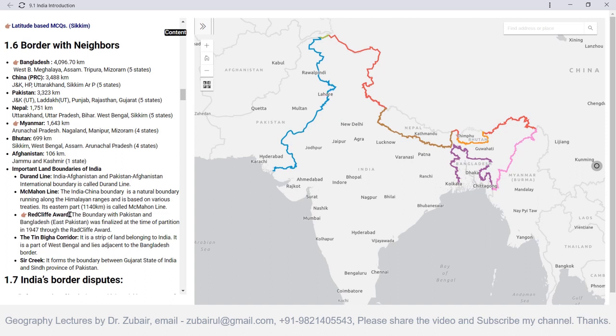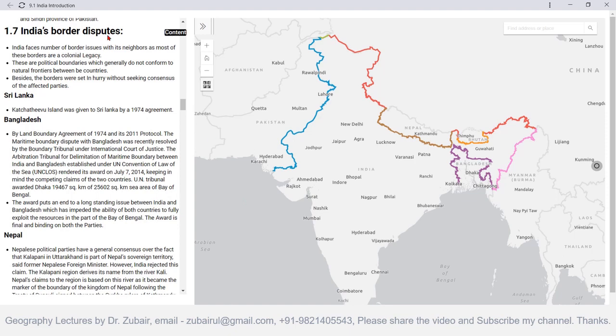That is called the Radcliffe line. The Teen Bigha corridor is related to the international border between India and Bangladesh. And the Sir Creek line is related to India and Pakistan, in between Gujarat and Sindh.